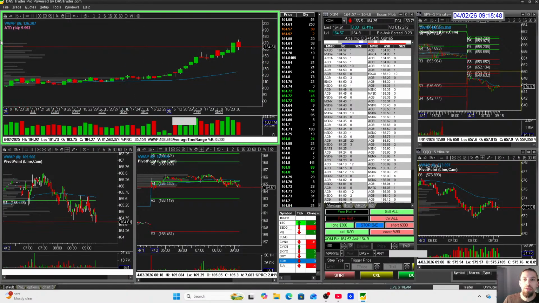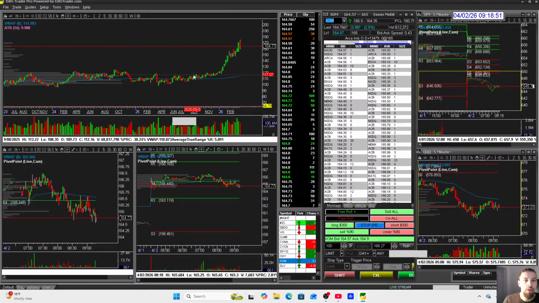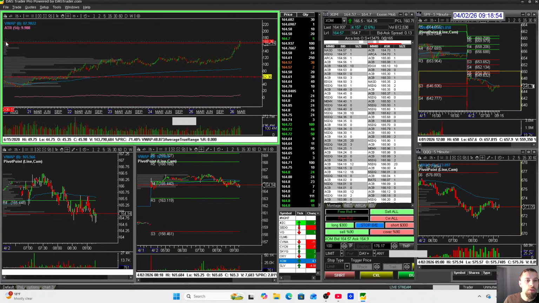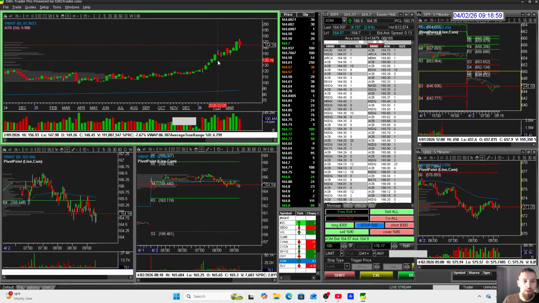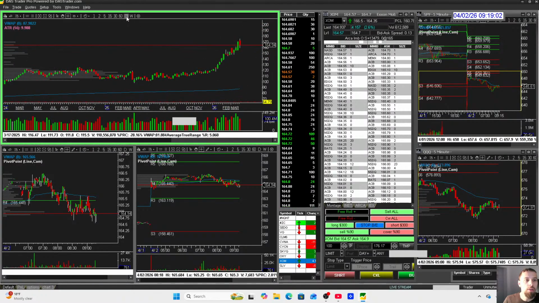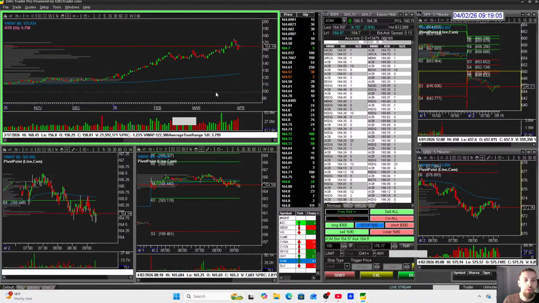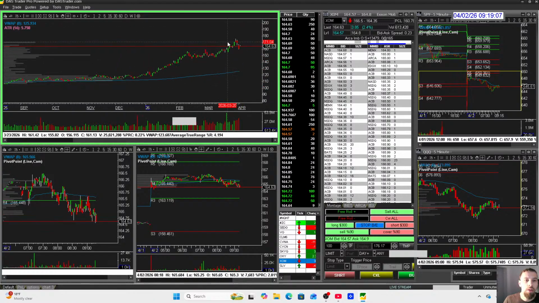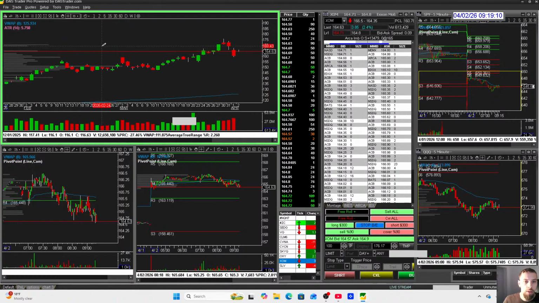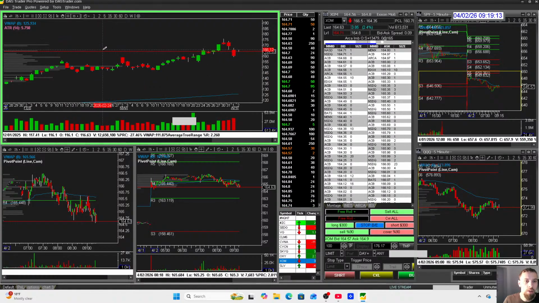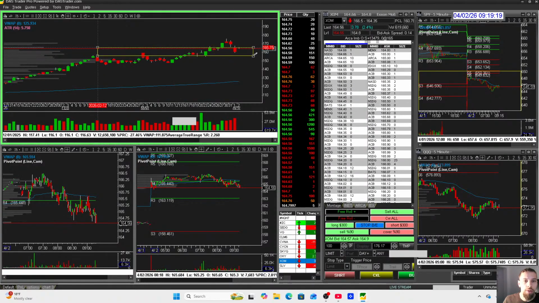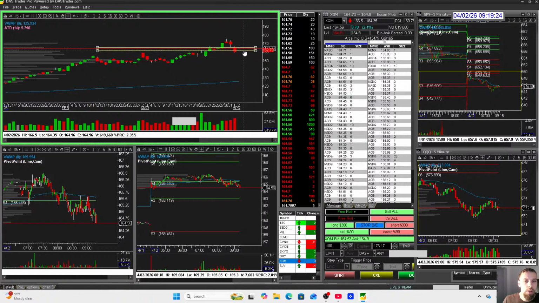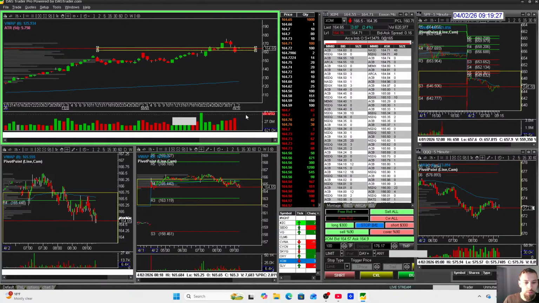Let's see, XOM been rallying very nicely here. Beginning to slow down a little bit. Area of resistance for XOM 165. Area of support like 162.